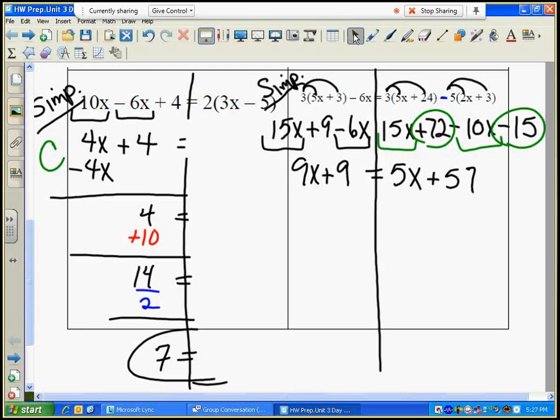Now it's time to look and see if we can collect any variables. There is an x on each side, so I'm going to put a big C there for the reader to say, look, I'm about to collect my variables. My choice here is minus 5x on both sides, and that will leave me eventually with a positive 4x. That's why I'm doing that.